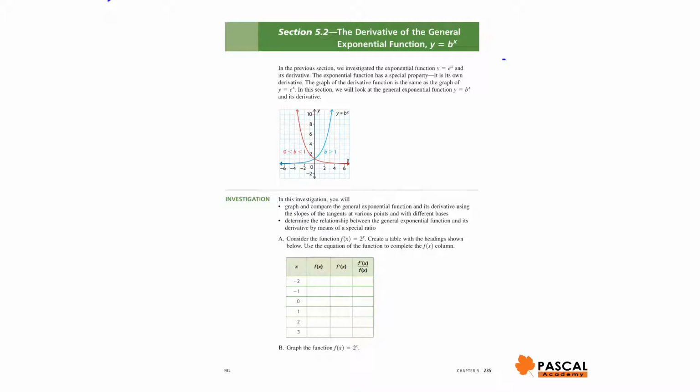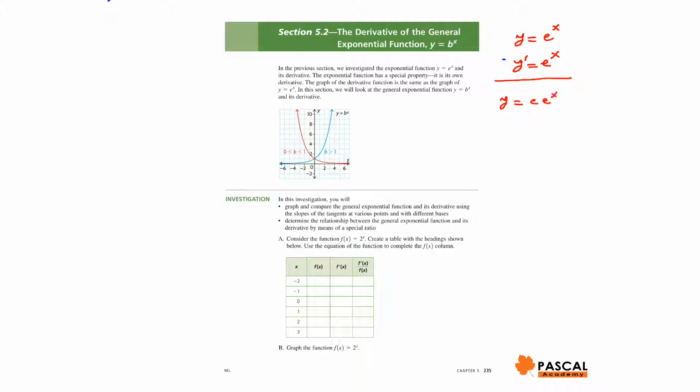In our previous lesson, we used first principle and we proved the derivative of e to the power of x is e to the power of x.